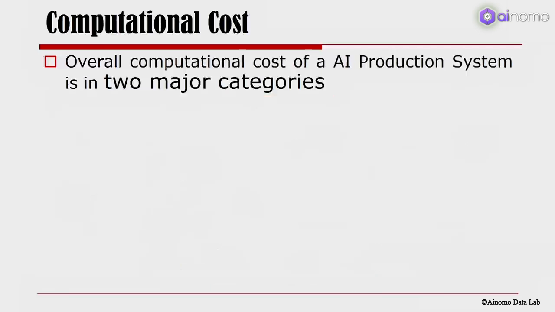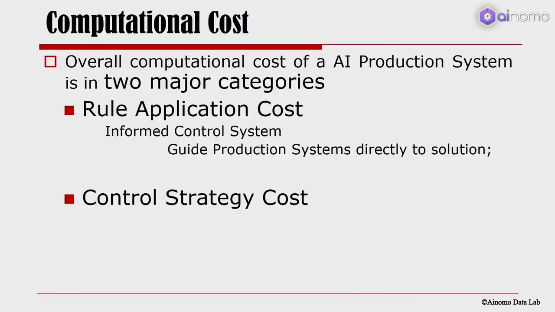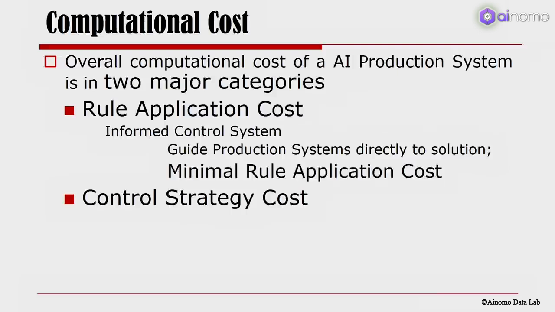Let us look at what happens in the informed control system. In an informed control system, the production system is directly guided to the solution, and therefore we have very little rule application cost.